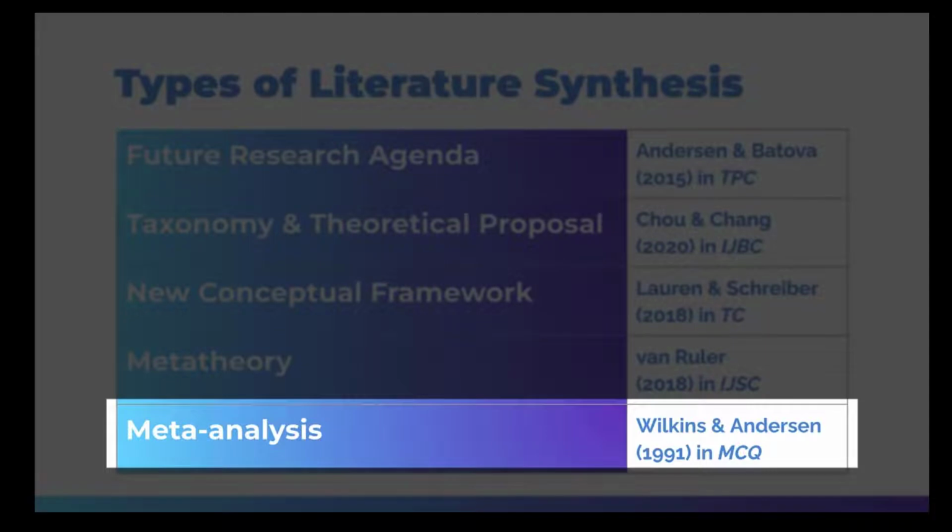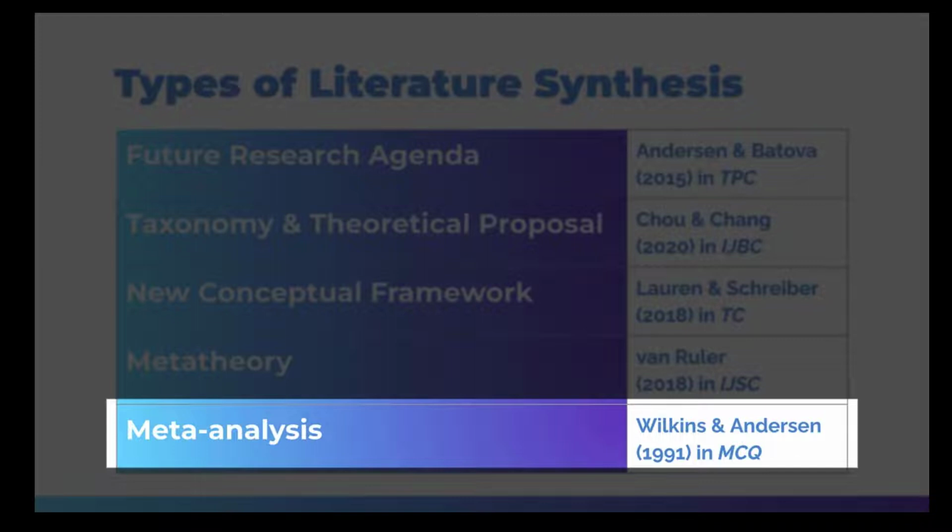The final type, meta-analysis, you may already be familiar with. A summary of a collection of comparable research studies generated through statistical analysis of the actual results from those individual studies. The idea is to arrive at a combined average effect size for the purpose of integrating findings.